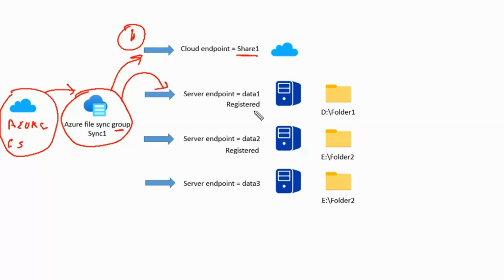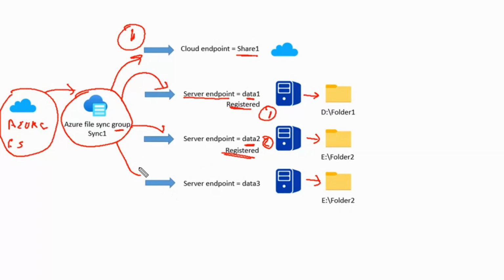The second is server1 is a registered server, and it can have a server endpoint, which is data1. Server2 is again registered with the sync1 group, and it also can have data2, and these are the locations on the servers.